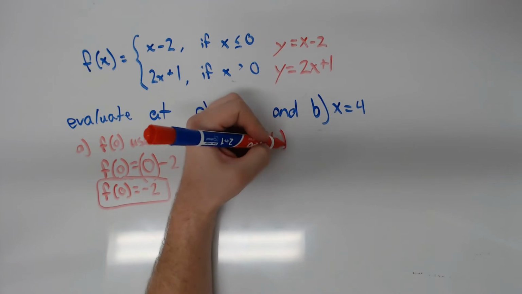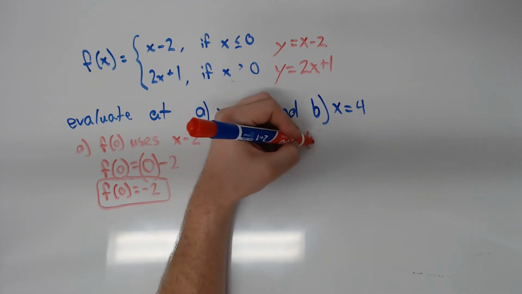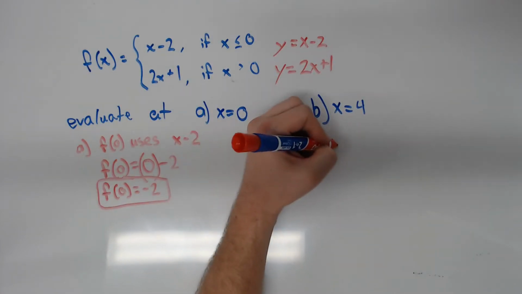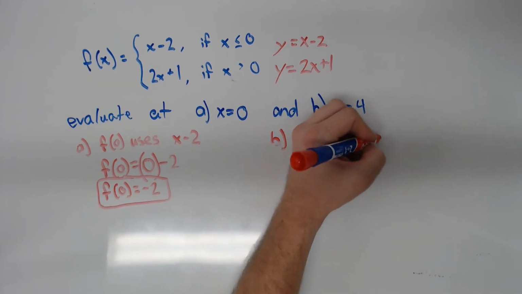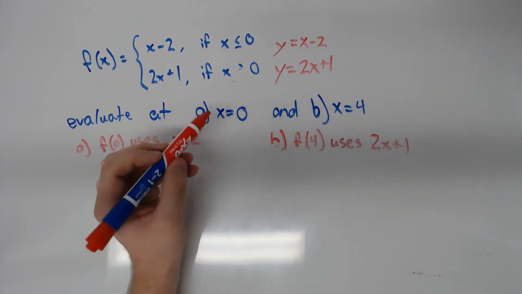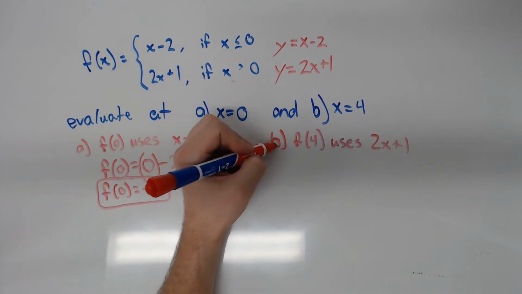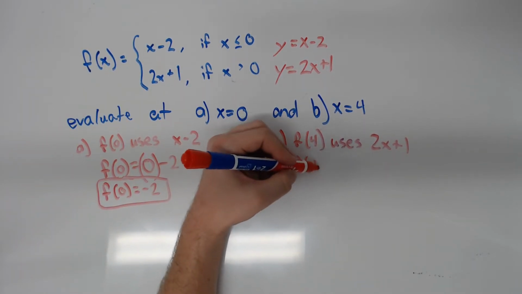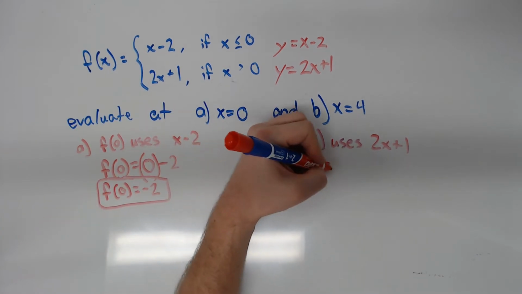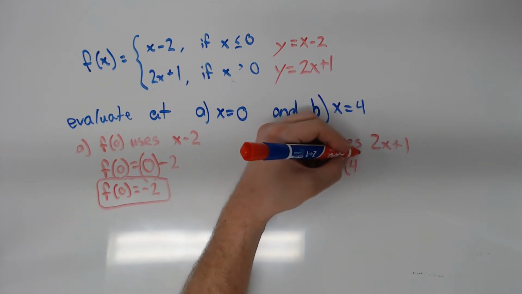For letter B, f of 4 uses the second equation, 2x plus 1, because 4 fits the x greater than 0 scenario. So f of 4, we'll plug that into the second equation: 2 times 4 plus 1.